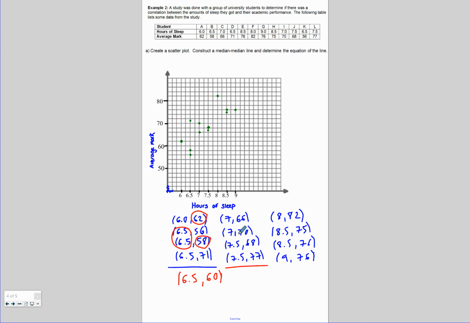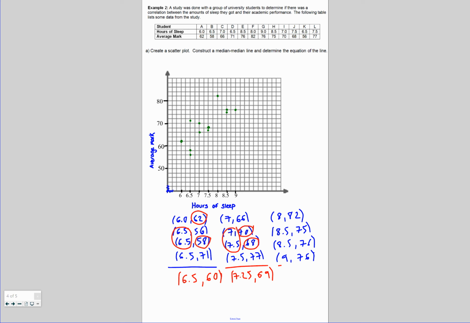So the middle here is between these two. So 7 plus 7.5 divided by 2 is 7.25. And then the middle here. So 66, 68, 70, and then 77. So the middle is 69.